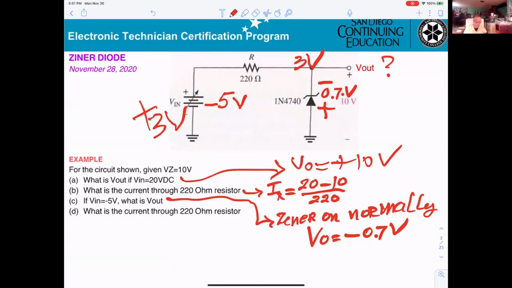Mr. Pham, would that hold true with any input voltage that is under 10 volts? V out would just be the same? Exactly. The thing is the Zener is not in breakdown. Look like they open. But it should be positive, am I right?